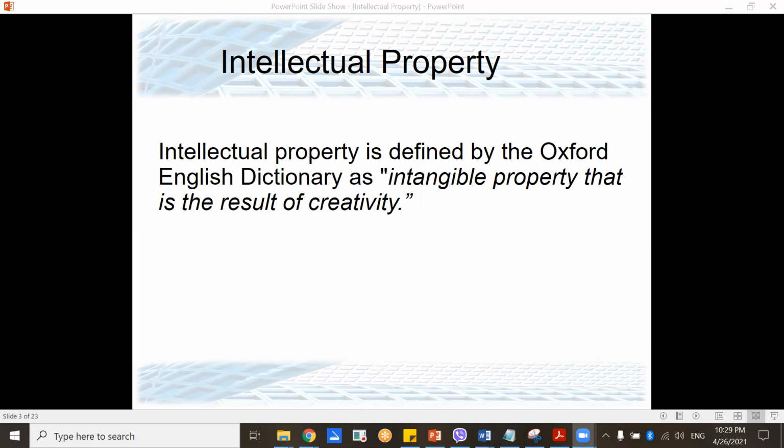And there are multiple definitions of it. Oxford English Dictionary defines IP, or intellectual property, as intangible property that is a result of creativity. If you look up also the definition on Wikipedia, it says something like category of property that includes intangible creations of the human intellect. There are many types of that.